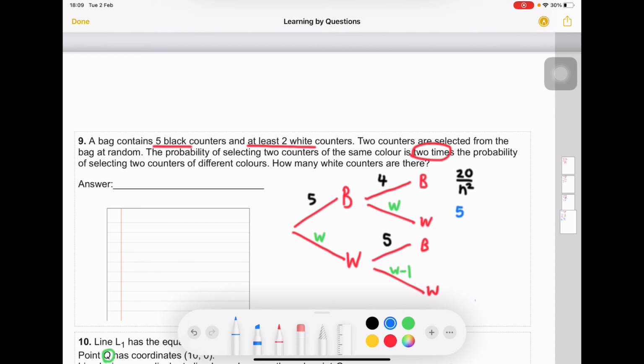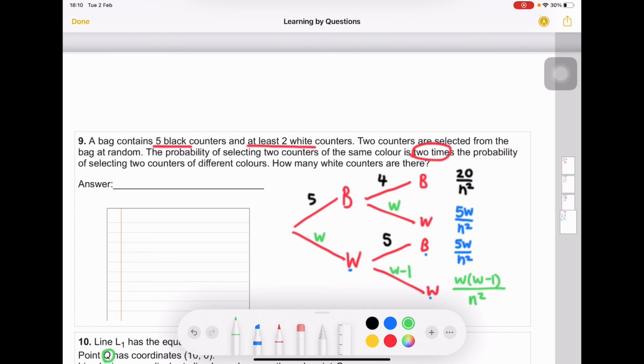So 5w over n squared. Probability of white followed by black is also going to be 5w over n squared. And lastly, selecting white and then selecting white again would give us a probability of w multiplied by w take away 1 over n squared.